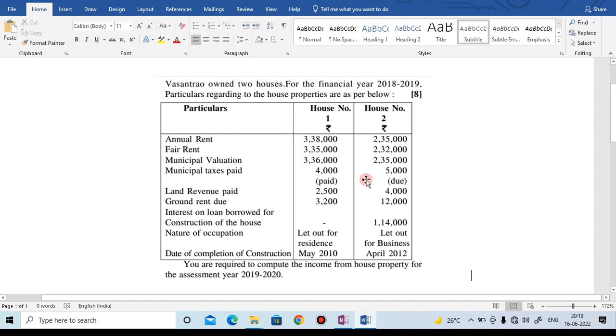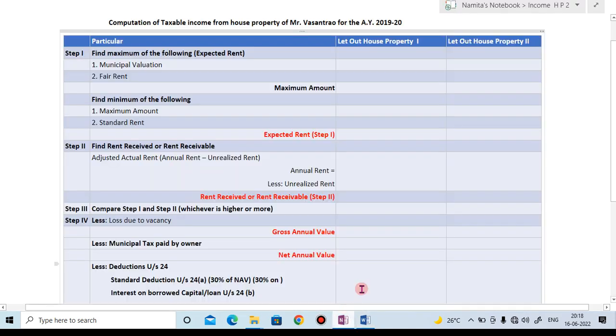Now how to compute the income from house property? Let's solve. First of all you have to prepare this format: computation of taxable income from house property of Mr. Vasant Rao for the assessment year 2019-2020.